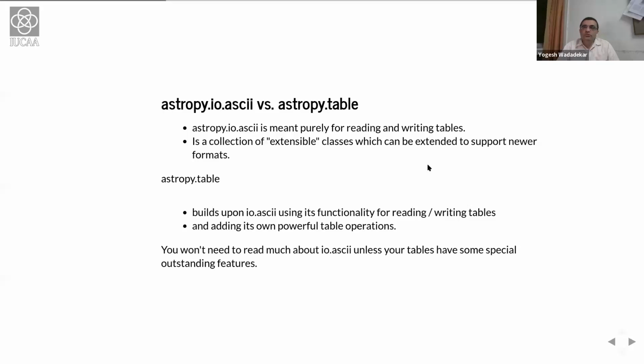So if some new format for storing a data table appears, astropy.io.ascii can add some extra functionality to allow you to read that table. astropy.table, on the other hand, is built on top of astropy.io.ascii and uses its functionality for reading and writing tables, adding its own powerful table operations.